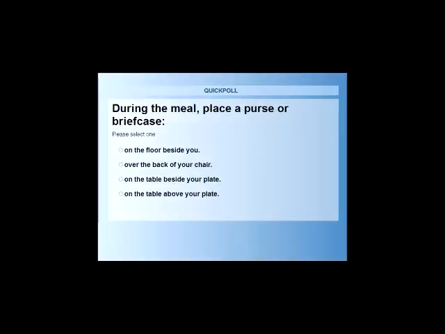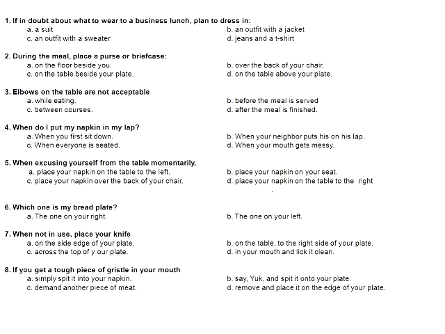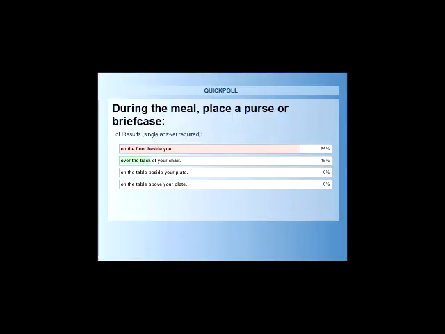Okay, go ahead and pick your answer. Okay. I'm going to close my poll. Here are the results. 85% of respondents said on the floor beside you, and 15% said over the back of your chair.